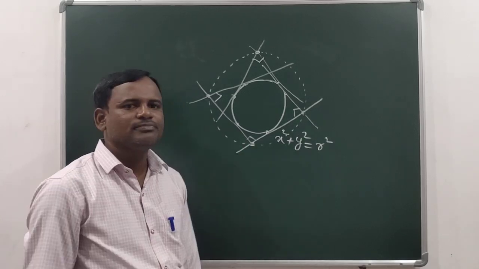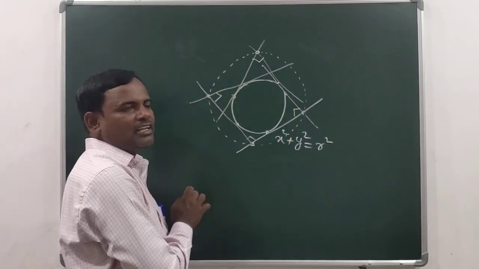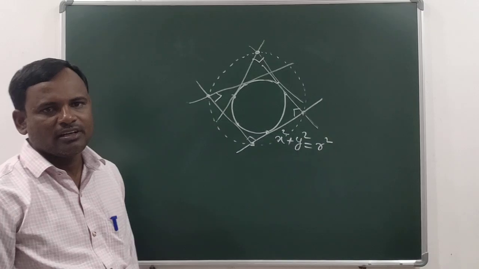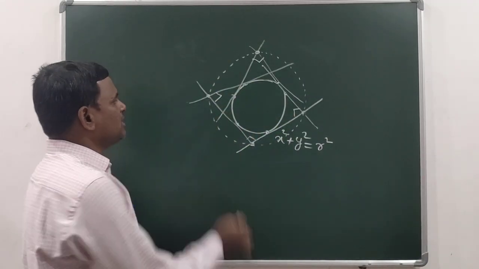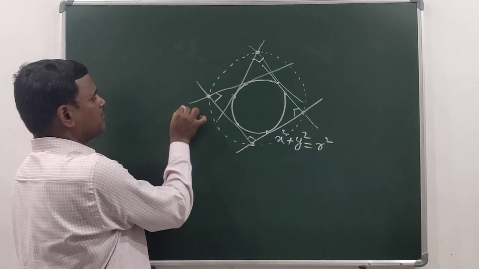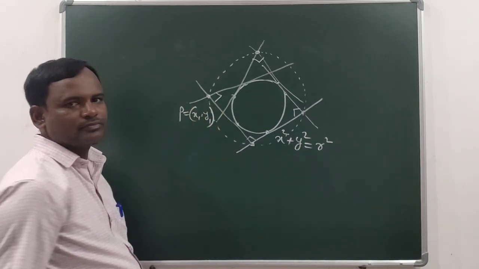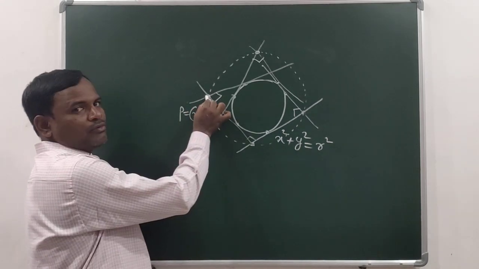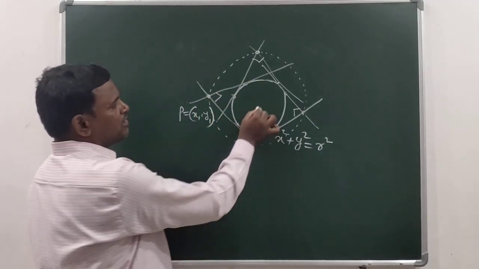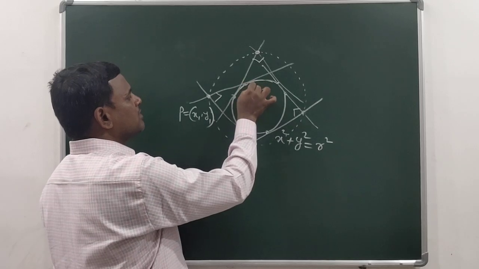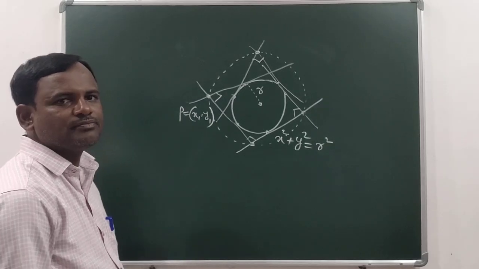On this locus, angle between the tangents drawn to this circle is 90 degrees. Now let us find its equation. Consider this point P as x1 comma y1. Now from this point we have already drawn two tangents. You know, this is center of the circle and this is radius of the circle.